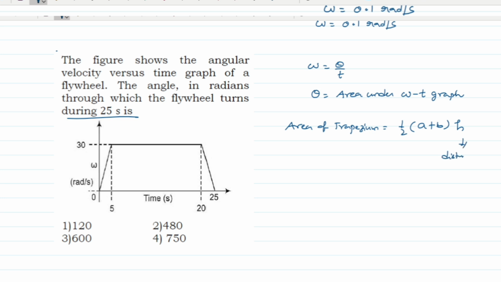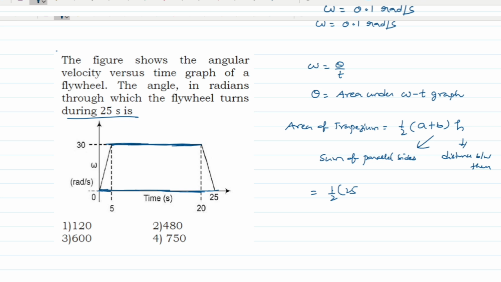So this is the sum of the parallel sides, which is half into one parallel side. This is the parallel side, students. Up to here it is 25. This is one parallel side, 25, and one more parallel side you can take as 30.